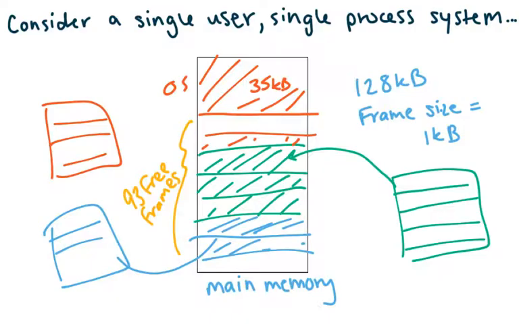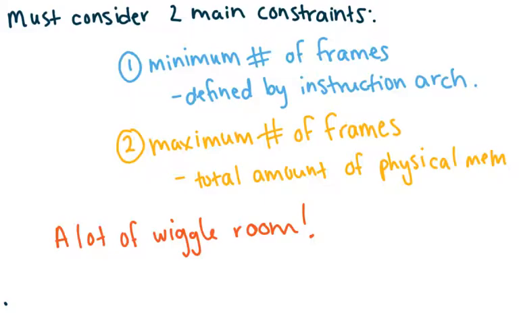So one way of controlling the number of page faults that we might have is to use different kinds of frame allocations. Two things are really going to be our main constraints.